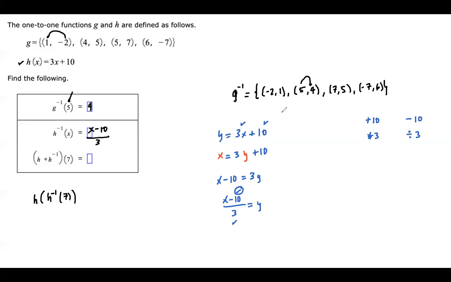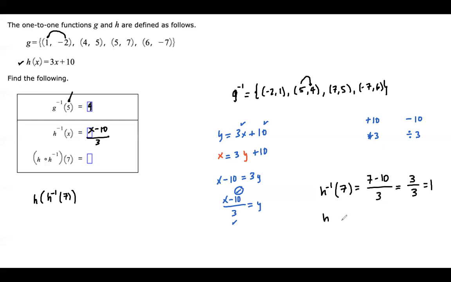You can do the whole process. You can use a 7 on the inverse function. Let's try that. You're going to get a 7, and that's going to be 7 minus 10 divided by 3. So that's going to be minus 3 over 3, equals minus 1.